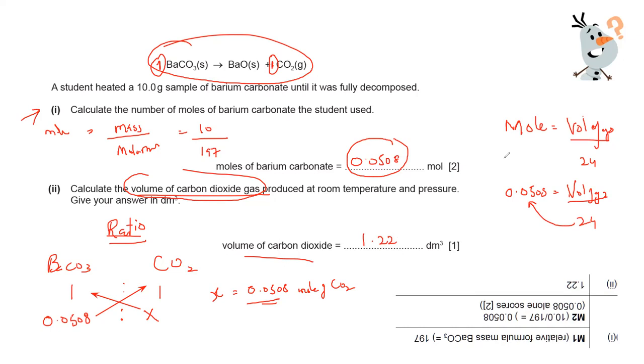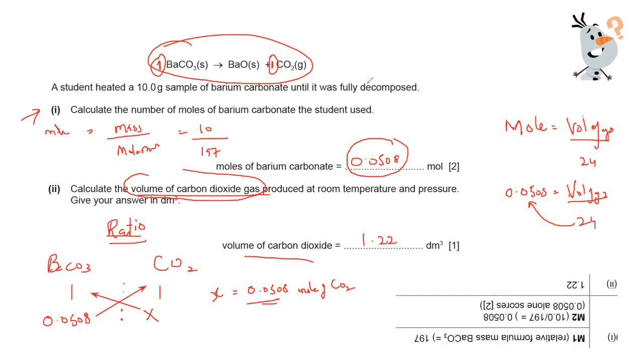Is it clear? The volume of carbon dioxide. So we have the moles now. We multiplied by 24 to get the volume.